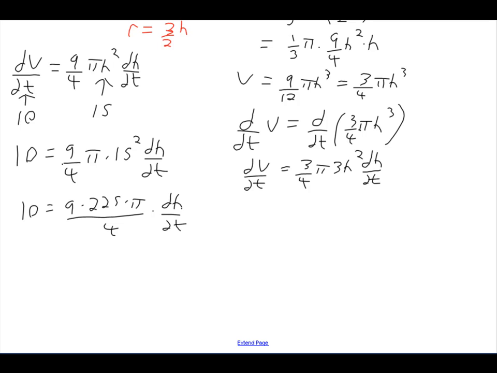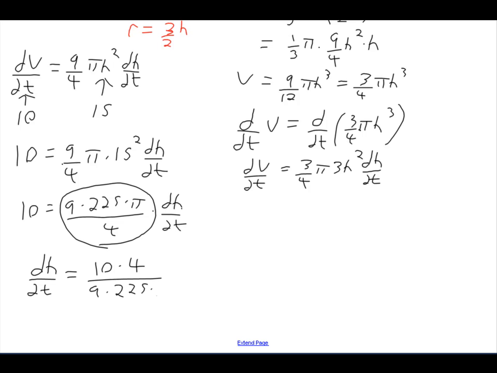And to solve for dh dt, we'll divide by this here on the right side, or we can just multiply by its reciprocal. It'll do the same thing. And we'll get dh dt isolated equal to 10 times the reciprocal of this, which is 4 over 9 times 225 times pi. And when you simplify that, that is 8 over 405 pi.